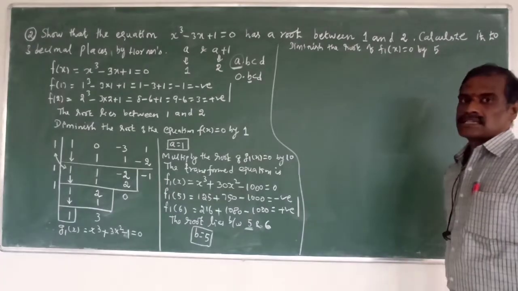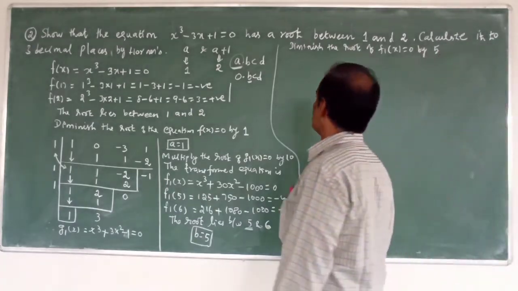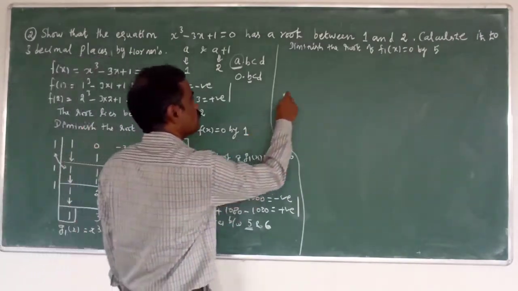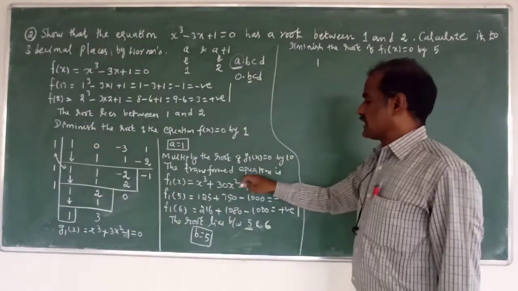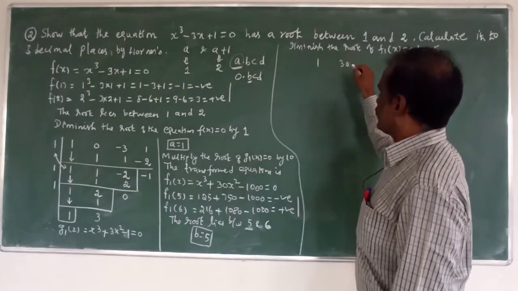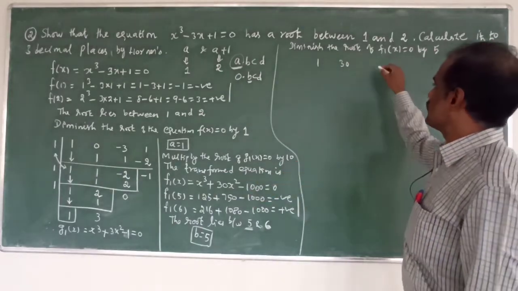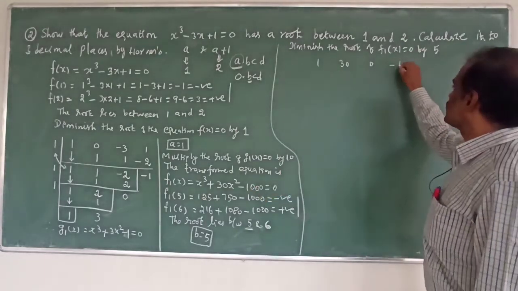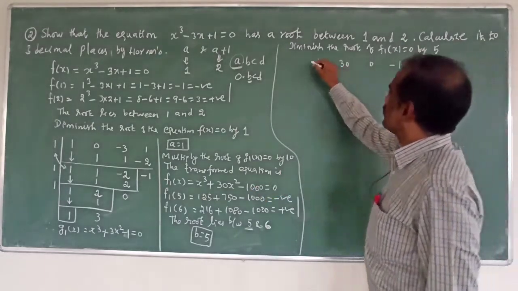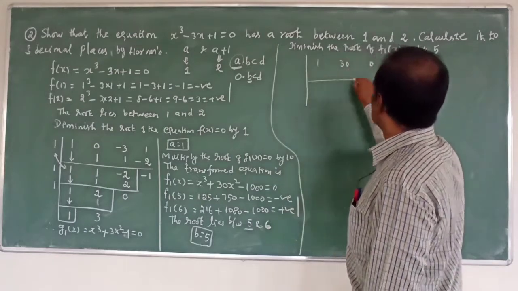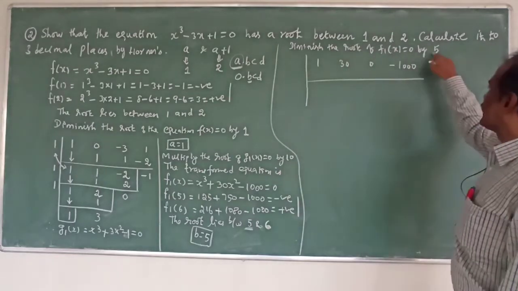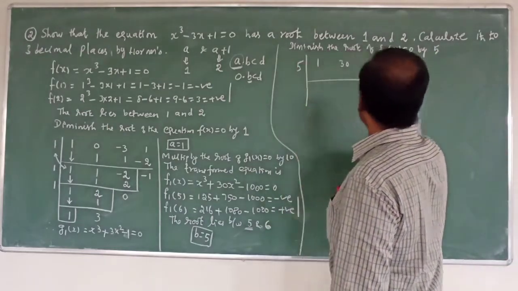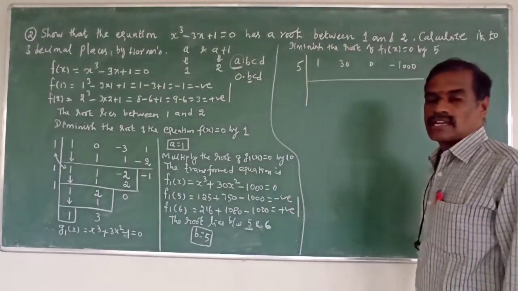Now to use the synthetic division method, for that x cube value 1, x square value 30, and x here is not available, so put 0, and constant value minus 1000. In the synthetic method, we have to divide by 5. Here the 5 is a negative value.